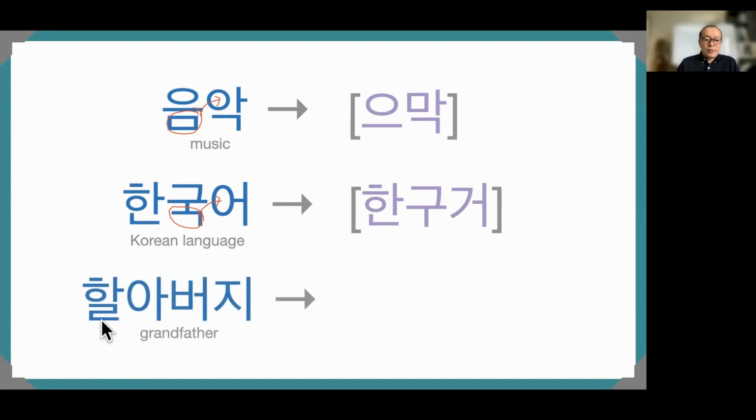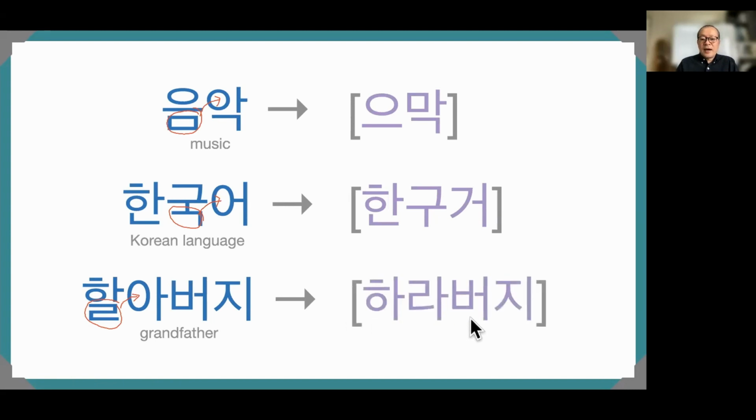If you read this word, I think you know this consonant moves here. Okay, so let's read this one. 할아버지, 할아버지. Okay, let's read one more time. 음악. 한국어. 할아버지. Like this.